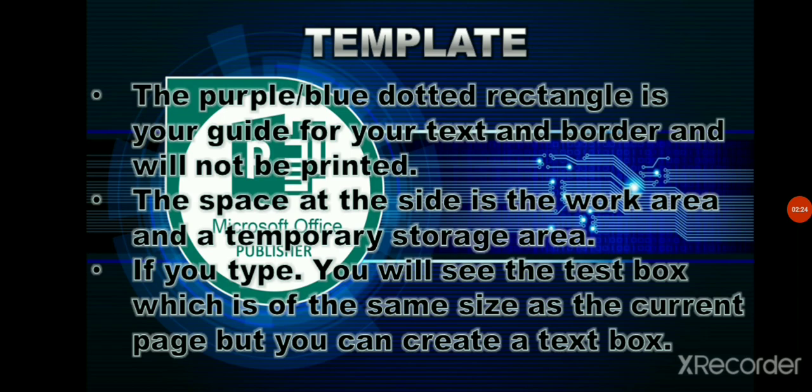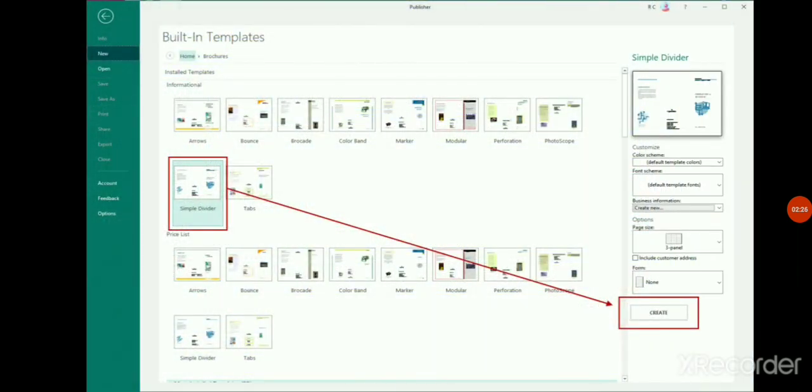If you type, you will see the text box, which is the same size as the current page, but you can create a text box if you need to. Okay, so that is the built-in templates.